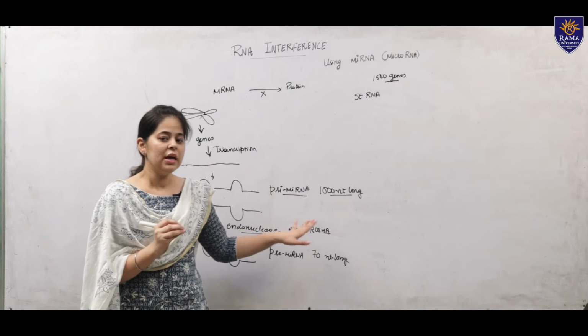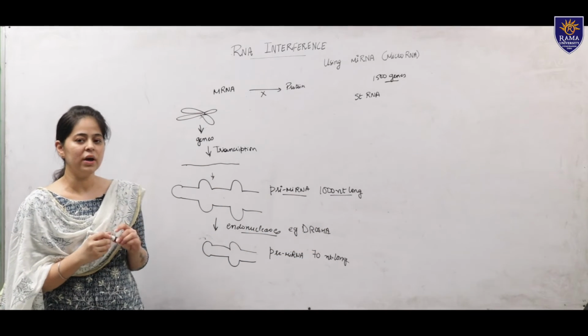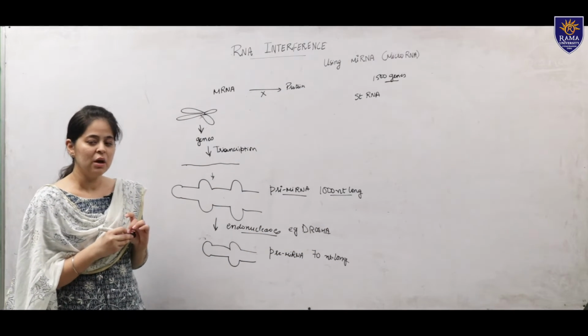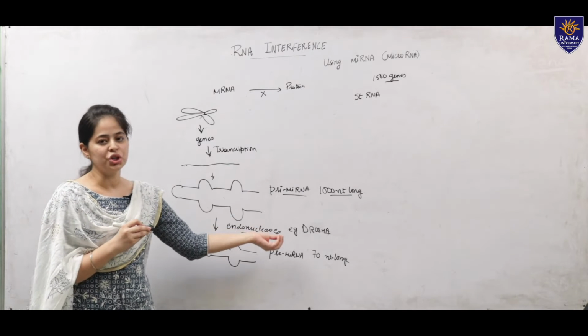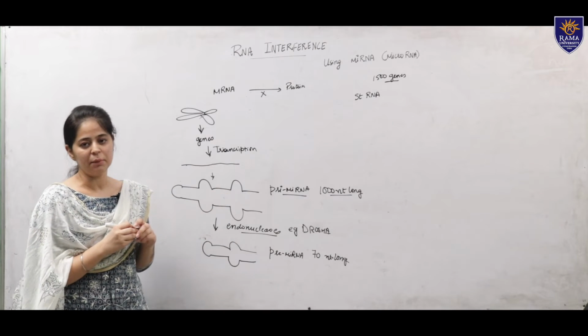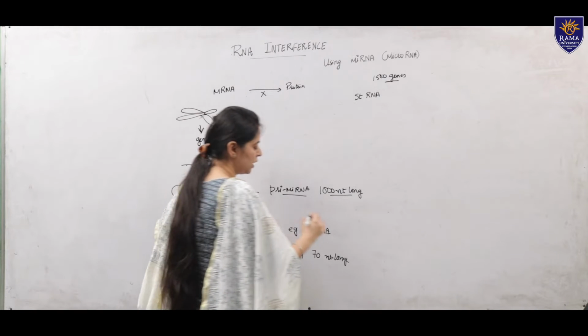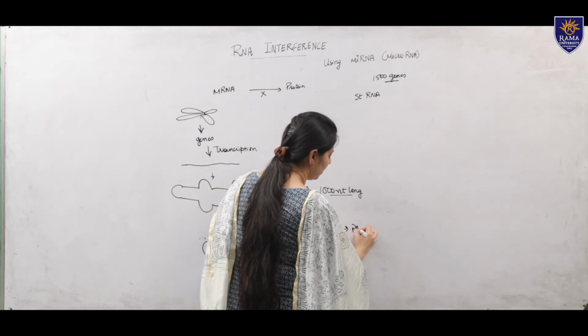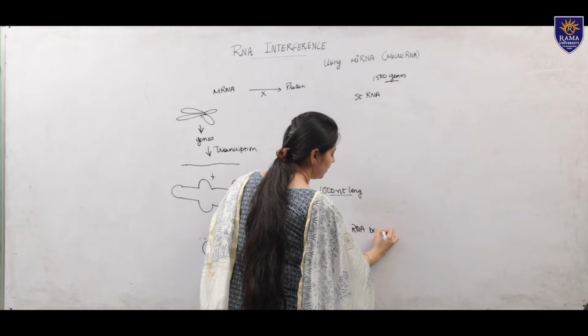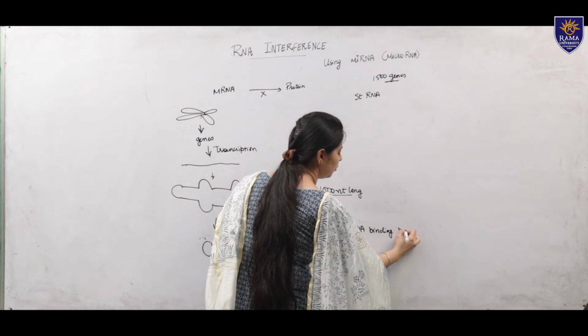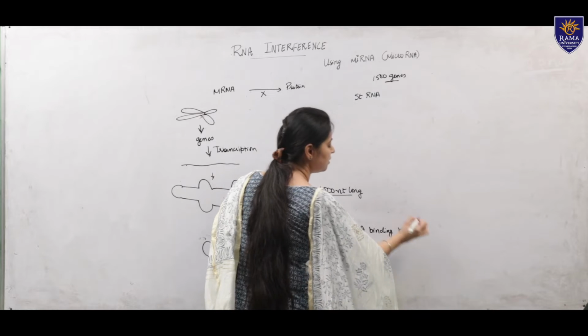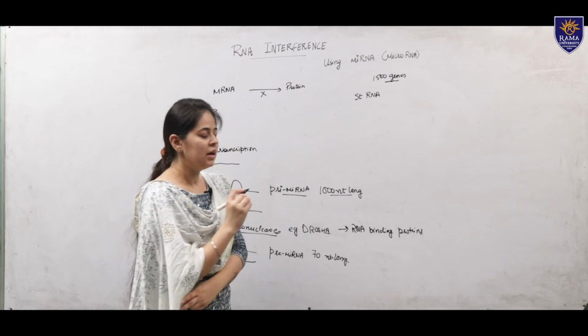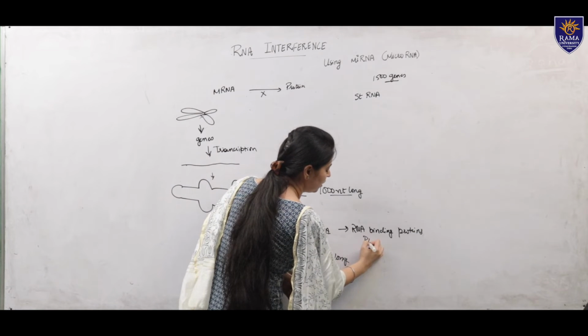This DROSHA requires the help of other proteins which help in loading DROSHA onto the pre-miRNA. Such proteins are known as RNA binding proteins. An example is PASHA.